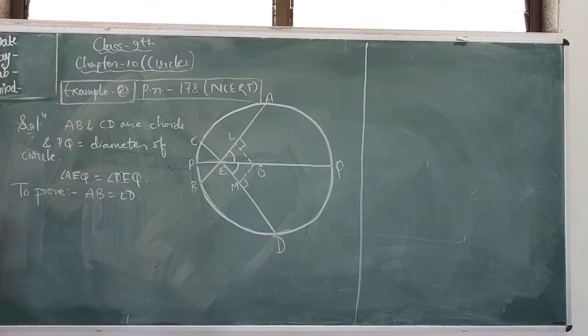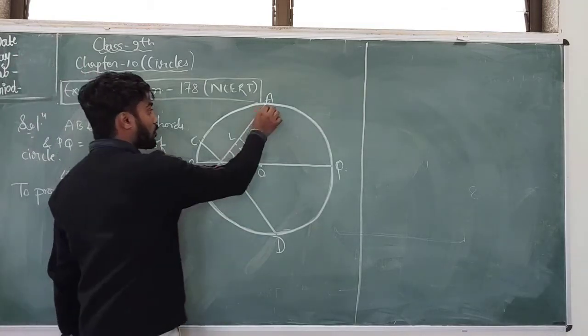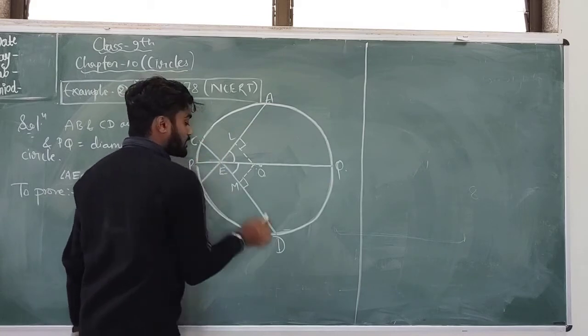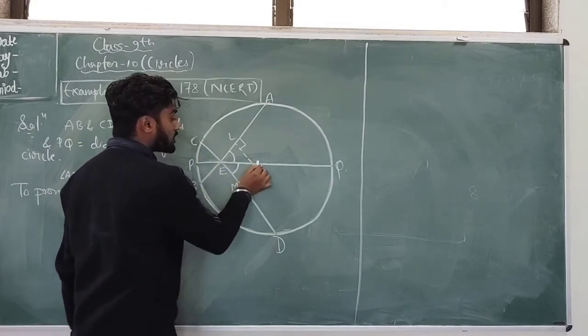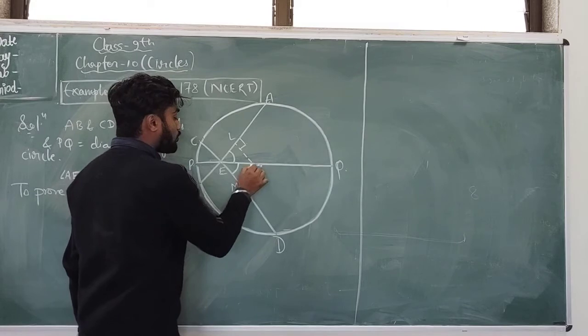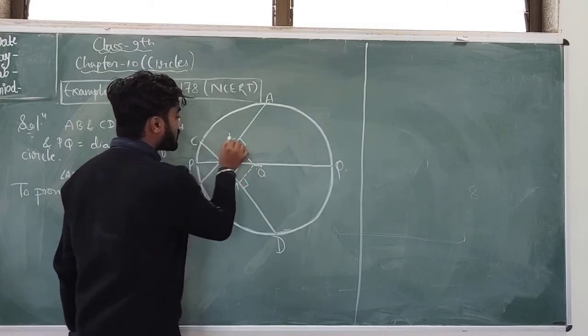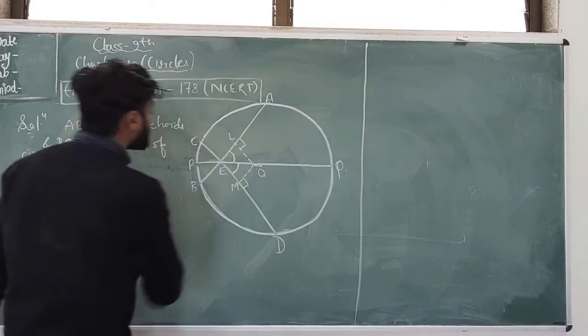So AB and CD are chords, and from the point O we have drawn perpendiculars on the chords at L and M respectively.